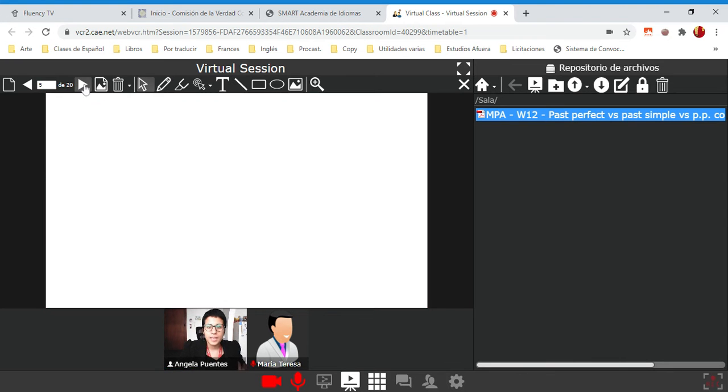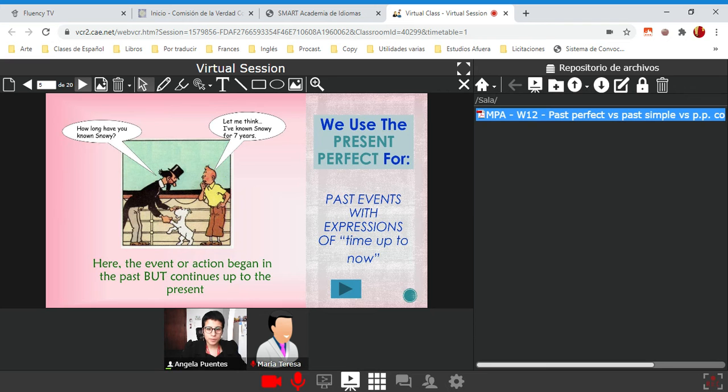Very good. The other usage that we have for the present perfect is past events with expressions of time, which means up to now. What is up to now? The activities continue. Started in the past but continue until today. Let me think. I've known Snowy for 7 years.